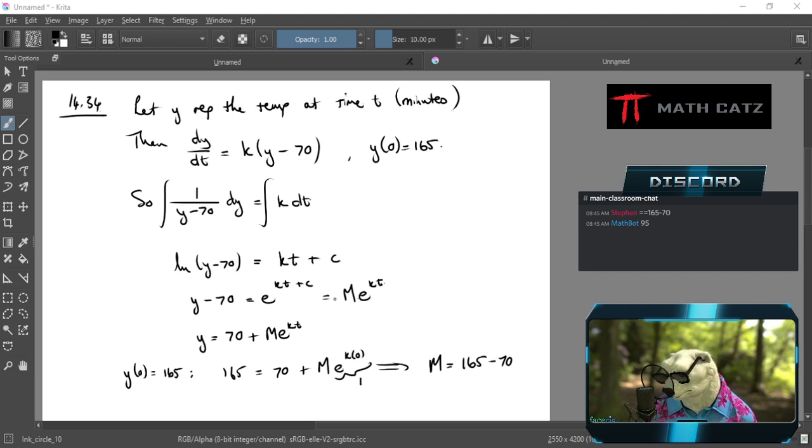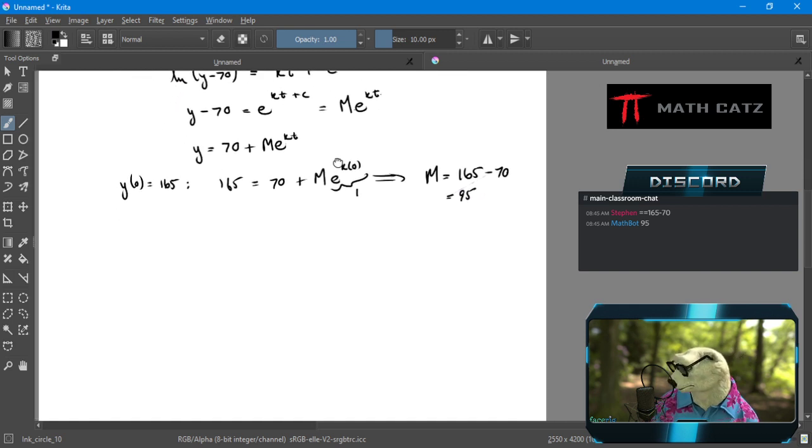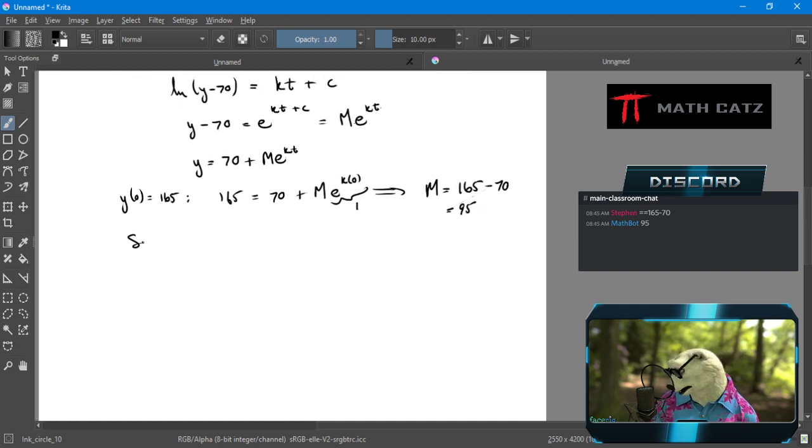And it is, of course, 190, not 195, just 95. So where are we now? We have our function of time, which is 70 plus 95 e to the kt.